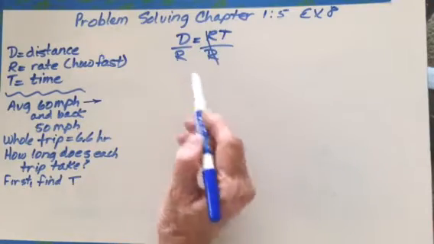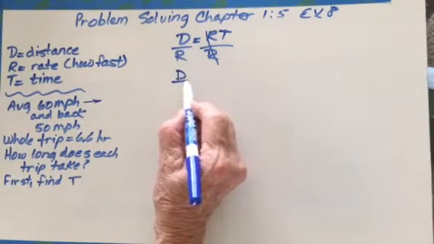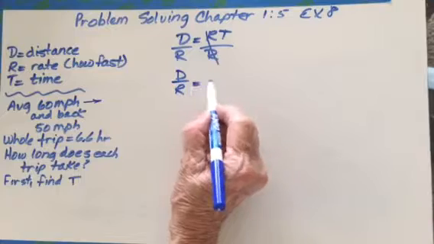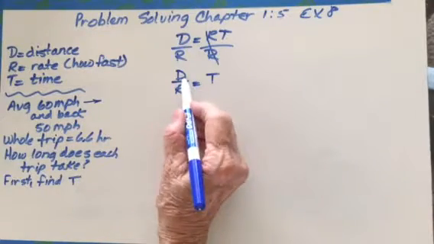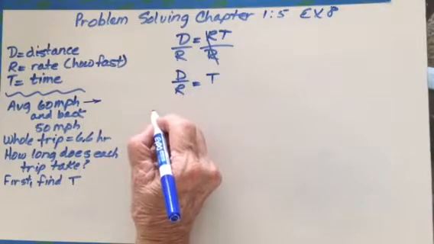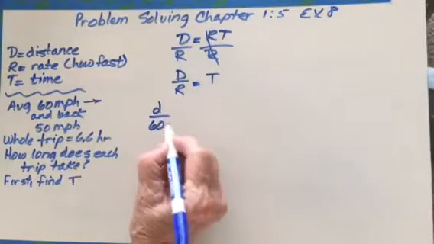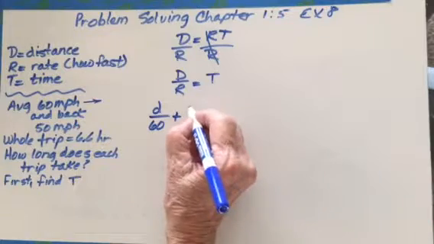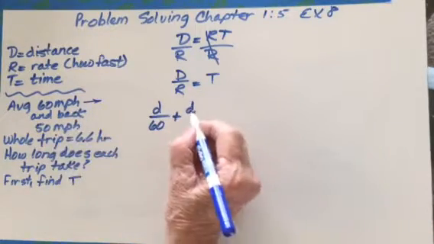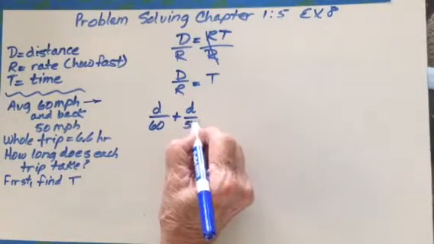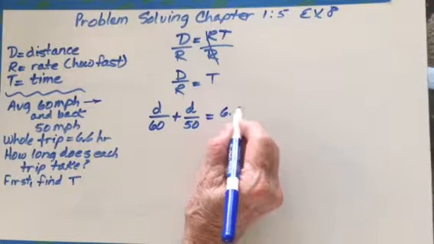That's the time. All right, so D divided by R equals T. Now what is the distance? Well, we don't know. So we'll put D over the first one, which is 60 miles per hour, plus D over 50 miles per hour equals 6.6.